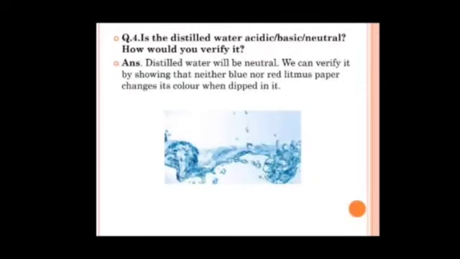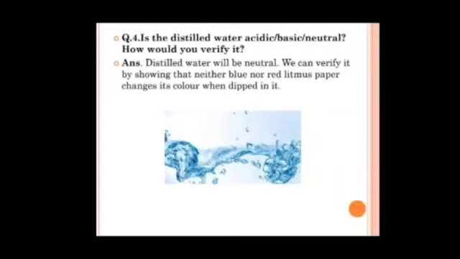So you can verify whether that distilled water is acidic, basic or neutral. You can use litmus paper. When you dip litmus paper in distilled water, it gives no color, which means no change in color. If it is not giving any change in color, you can say this solution is neutral.